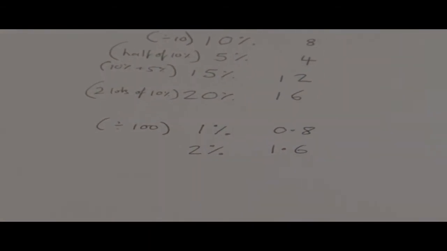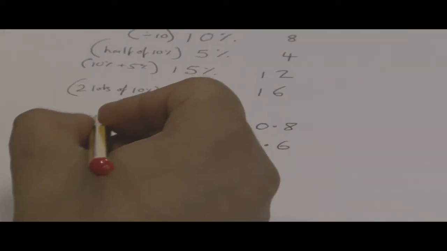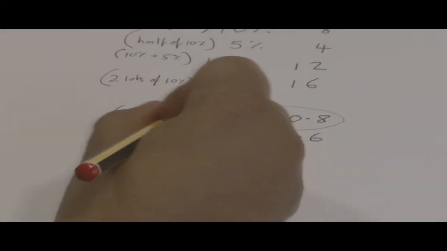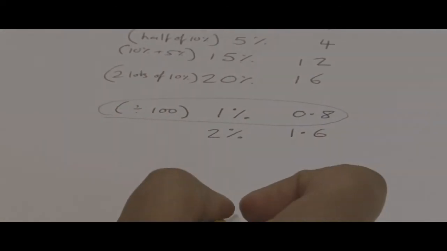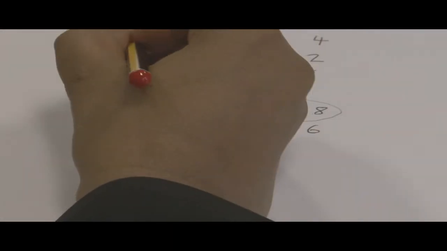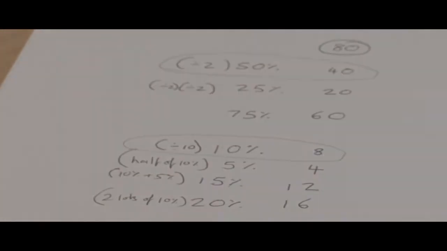So what we've really done there, we can use the 1% to find all other different amounts. We can use 10% to find out all these other different types of amounts. And we've used 50% to find out all these other amounts.